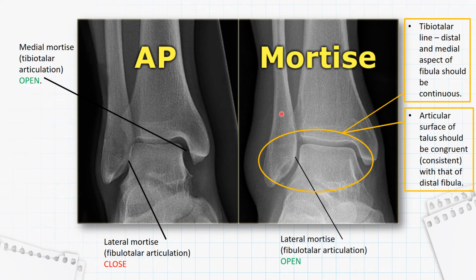For the mortise projection, this is extra info: the tibiotalar line and the distal medial aspect of the fibula should be continuous. As you can see, this is not continuous, so it is not a mortise, and this is a mortise because this line is continuous. The articular surface of the talus should be congruent, consistent with the distal fibula.